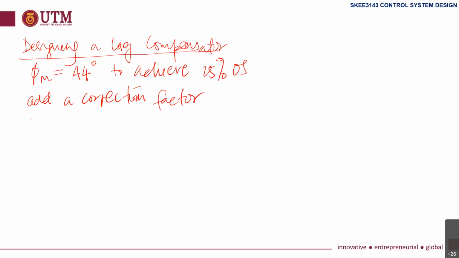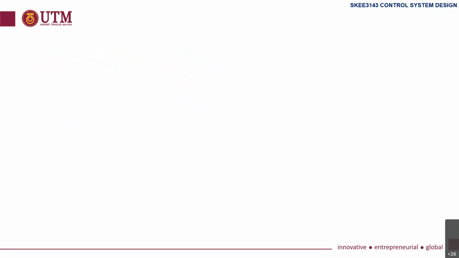Therefore, the required phase margin, 44 degrees for the overshoot, with a correction factor of 10 degrees.